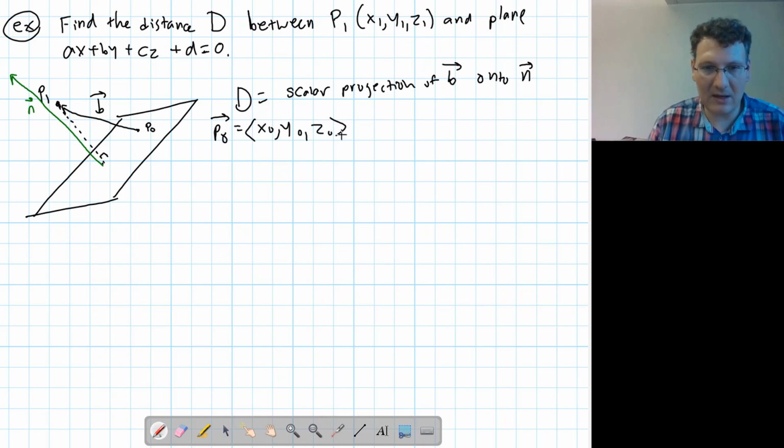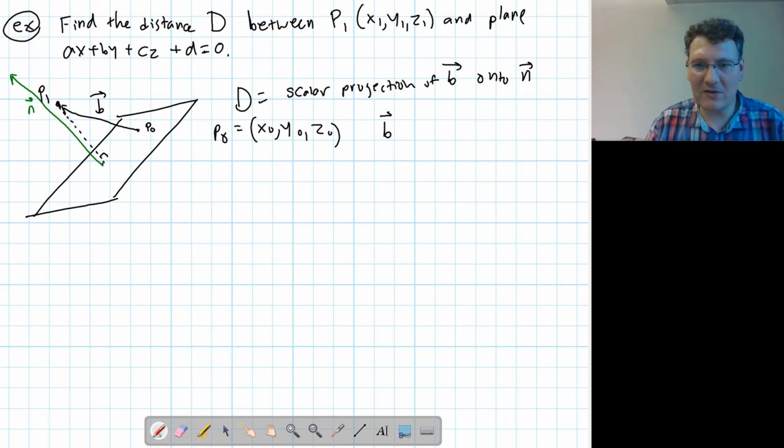Let's write it using coordinates because it's a point. So P0 is x0, y0, z0. The vector B can be written x1 minus x0, y1 minus y0, z1 minus z0.